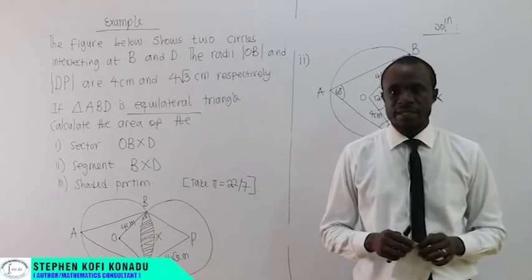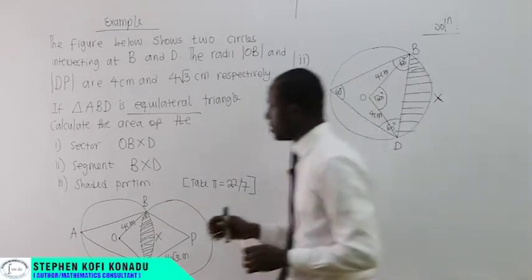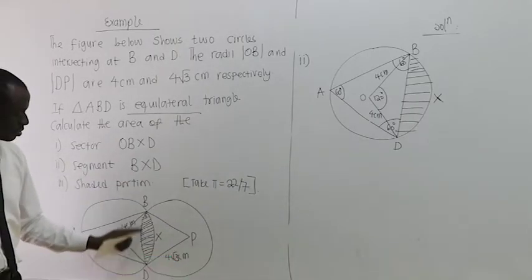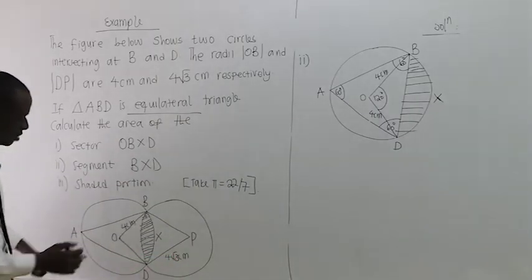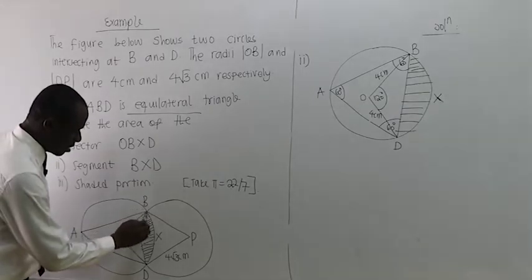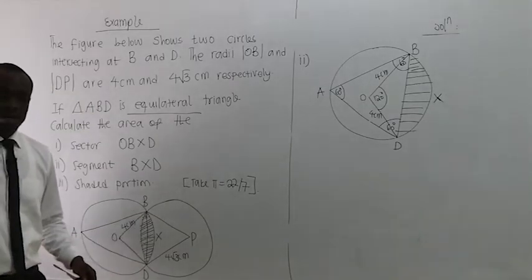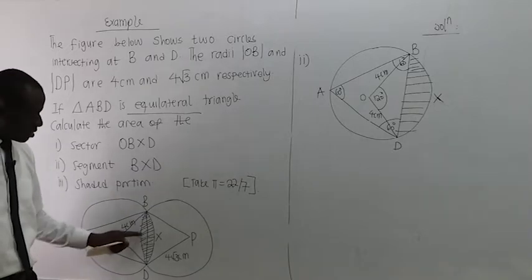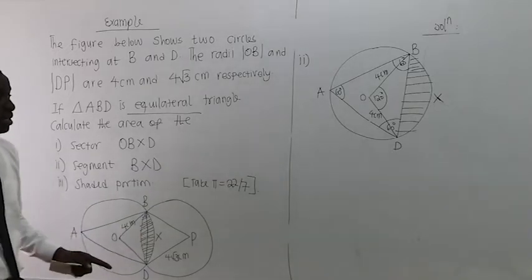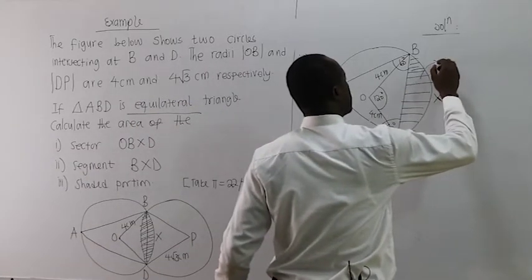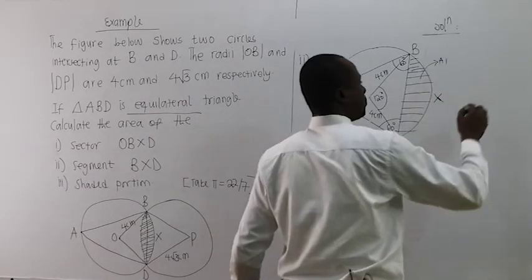Now let's consider the second part. The second part says that we should find the area of the shaded portion. So this shaded portion, you see, we can consider the chord here, so we have two segments. We can say A1 and A2. Here we can name this one A1.